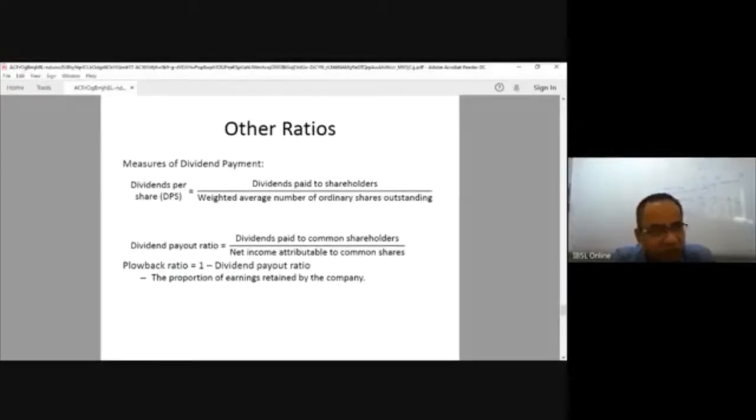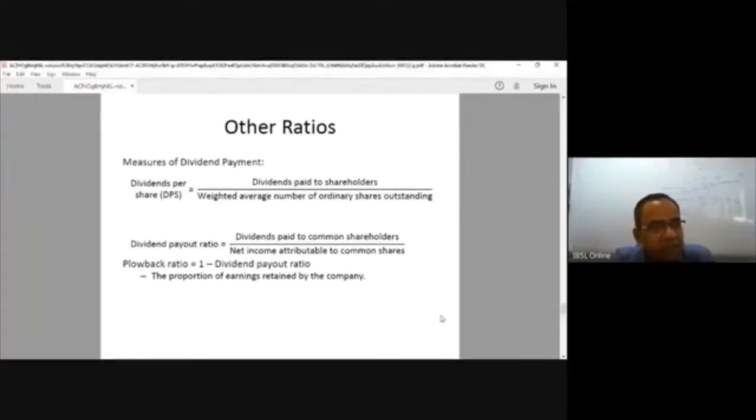If the equity shareholders, the owners of the business, pull out a large amount of profits for their lifestyle expenses, then business growth will be limited because the profit is not put back into the business to grow. So the plowback ratio can also be calculated as 1 minus the dividend payout ratio.